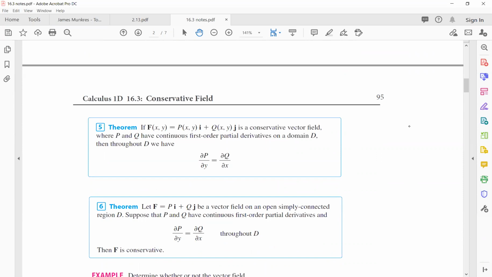If you have a vector function F of x and y equals P of x, y in the direction of the x-axis plus Q of x, y in the direction of the y-axis, or if you write it this way, suppose you have a vector function with components P and Q. If this vector valued function is a conservative vector field, it means that you can find a potential function for that.